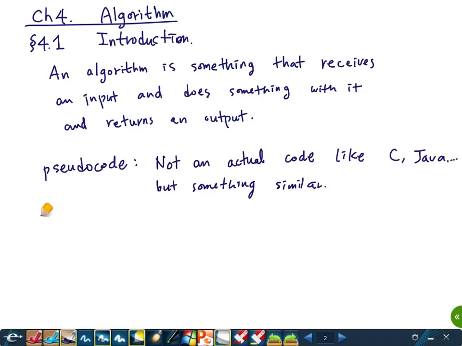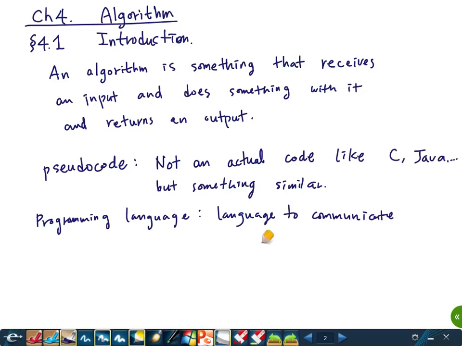A programming language is basically a language used to communicate with a computer.